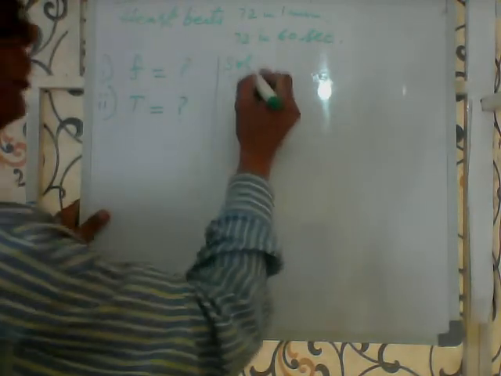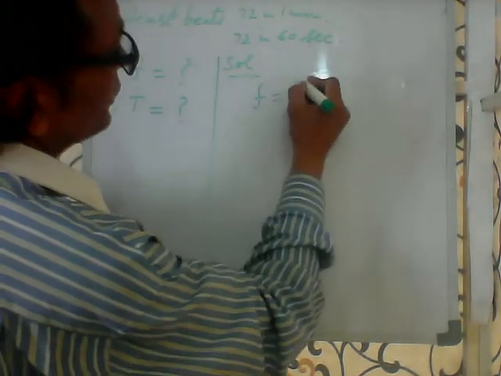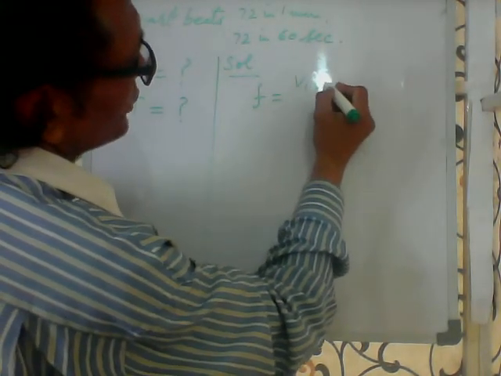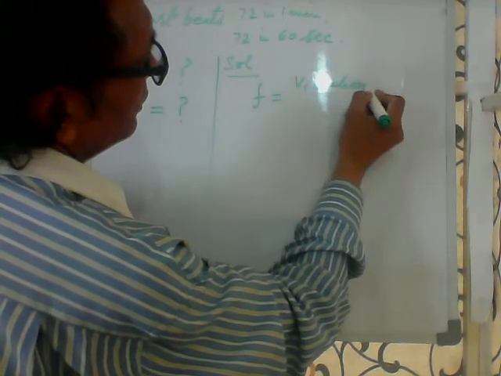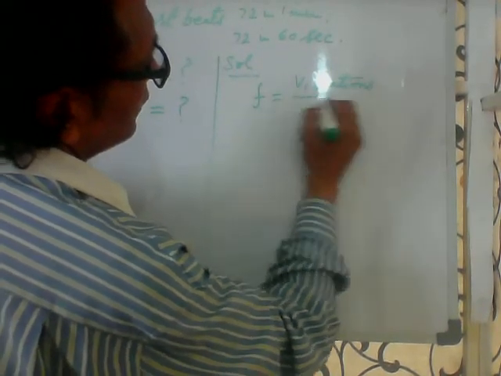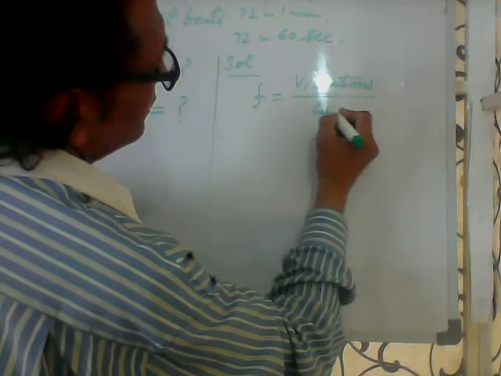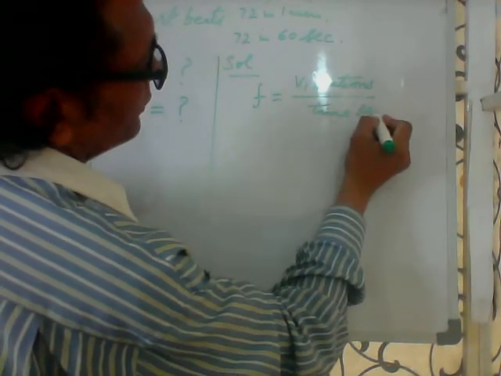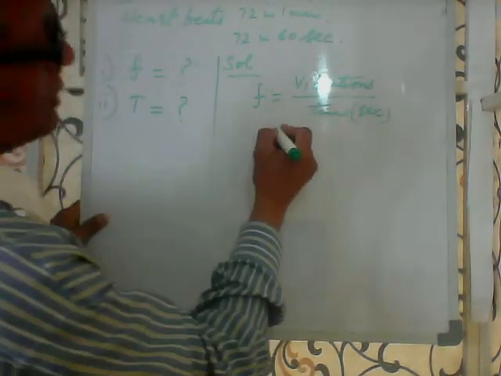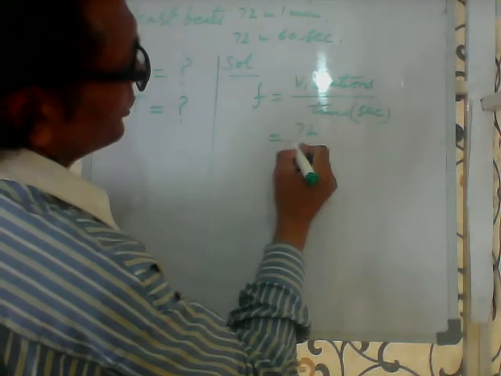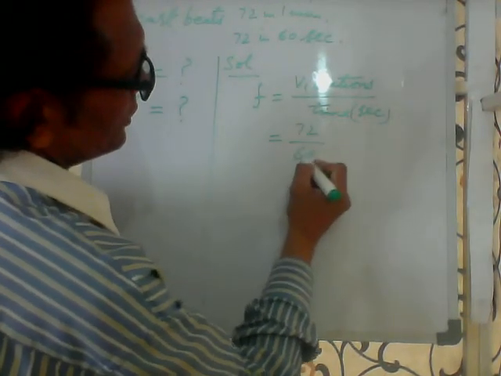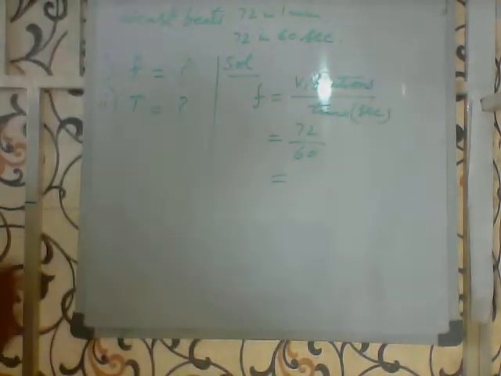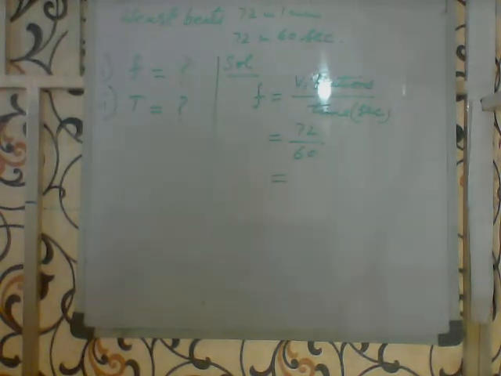How? Frequency is equal to vibrations divided by time in seconds. Here vibrations are 72 and time is 60 seconds.